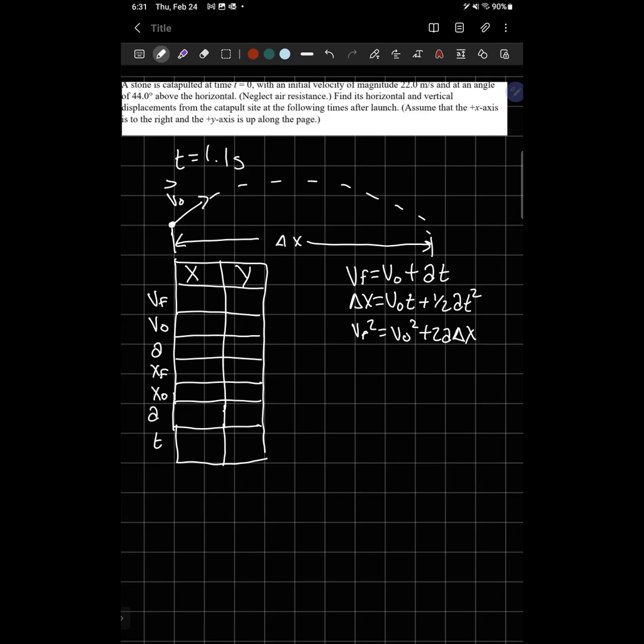So in the x direction, it's 22 sine theta. So 22 sine theta? Yeah. And then in your y, it's 22. Wait, I flipped that. Okay. So in your x, it's cosine. And then your y is sine.